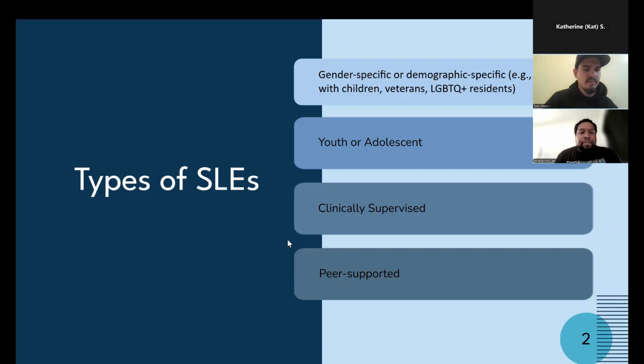There's also clinically supervised, where medical and health care is involved, if it's necessary to that degree. There's also, and this is a little more common, the peer supported type, which can involve peer support specialists working in mental health, or an enhanced relational framework that the SLE would operate in.